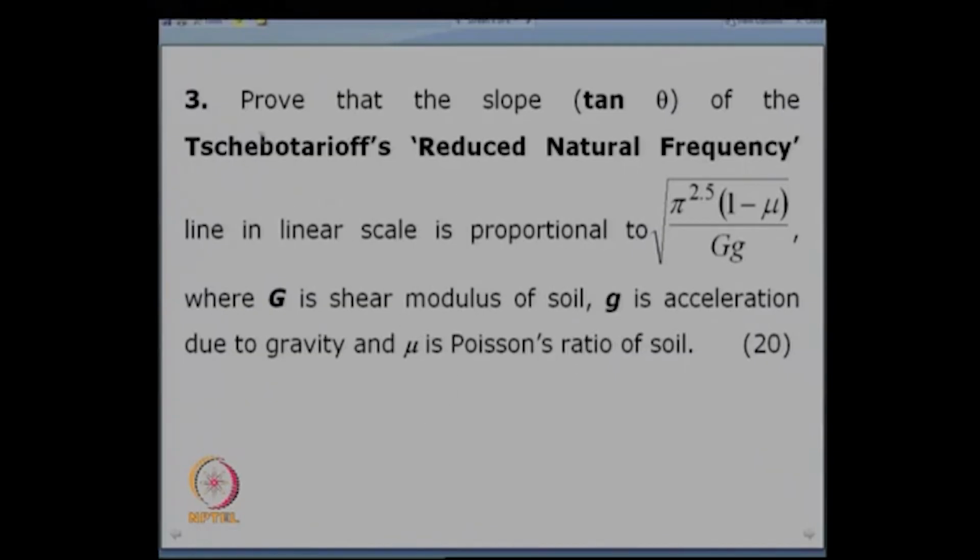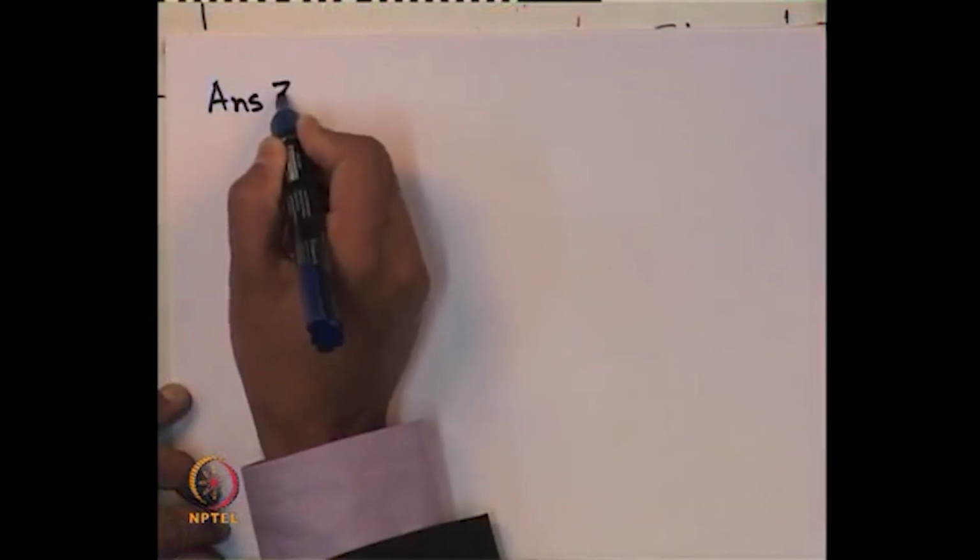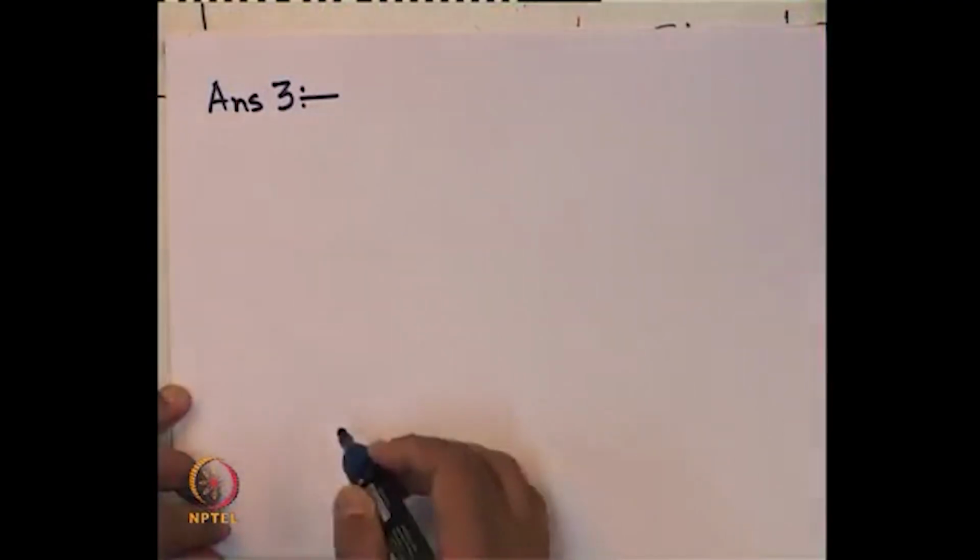Question 3 says, prove that the slope of Chebotarev's design chart in linear scale, the reduced natural frequency slope, is proportional to this parameter. Now, let us see how we can prove it. So, we are now trying to find the answer of the third question.